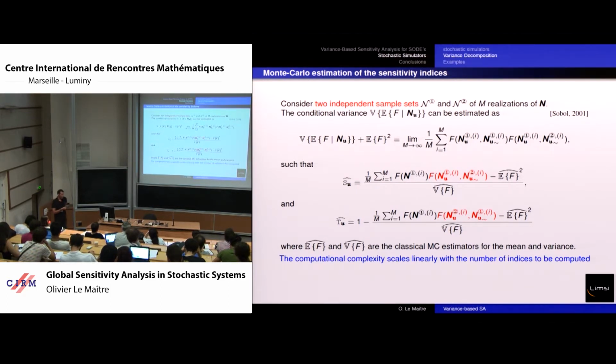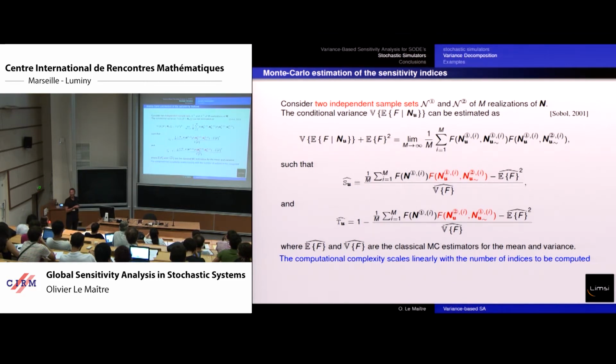And the computational effort you have to do is basically compute correlations between your stochastic output when you keep part of your inputs exactly the same. So you generate exactly the same replica for part of the inputs, and you redraw the inputs that you want to analyze.